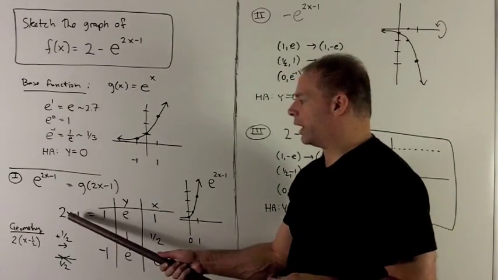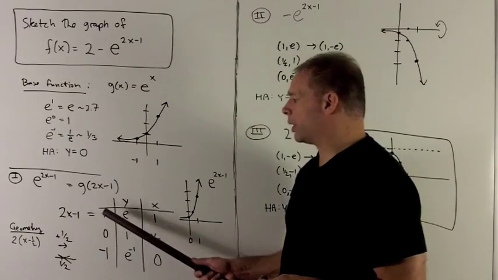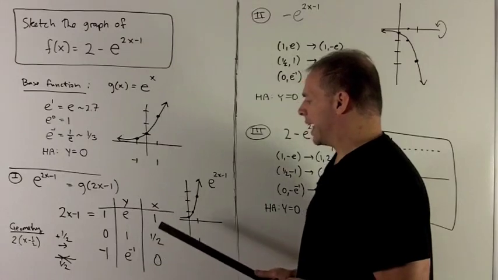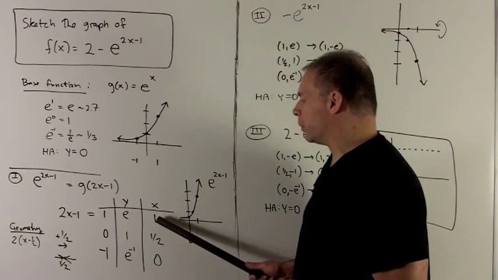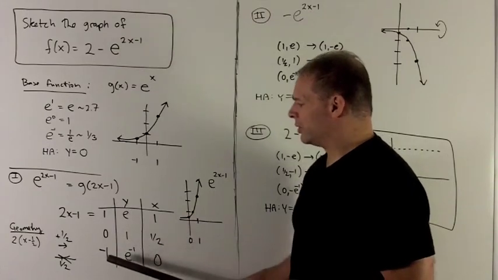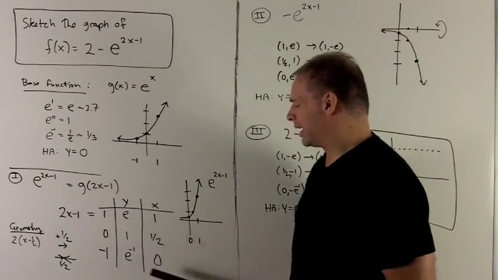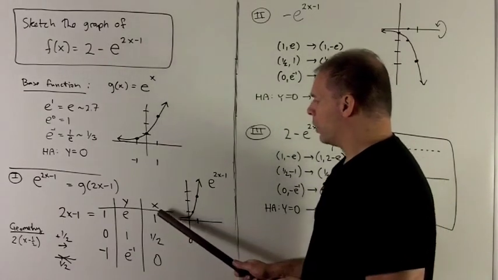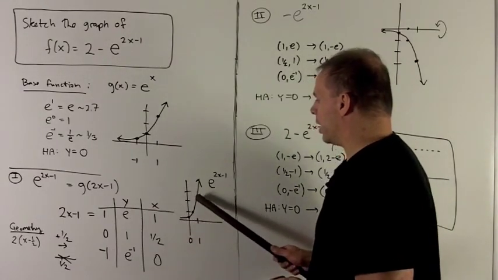So now you just solve the equation, say 2x minus 1 equals 1. The 1 comes over, we divide by 2. So the x that produces the e is going to be the 1. We do the same thing for 0, gives me a half. Do the same thing for minus 1, that gives me a 0. So I now have 3 points: 1, e, so go over 1, up e.